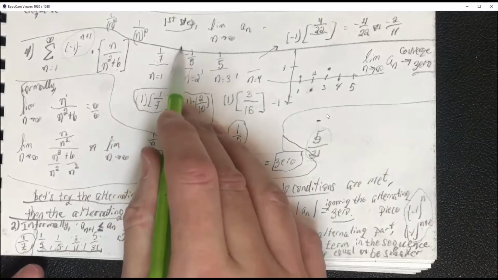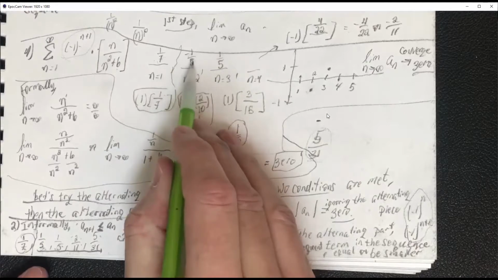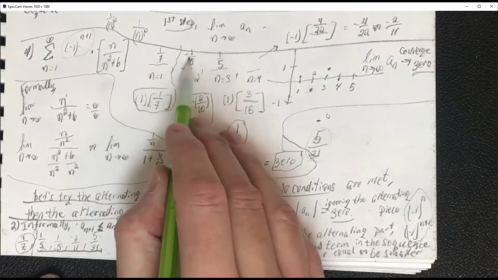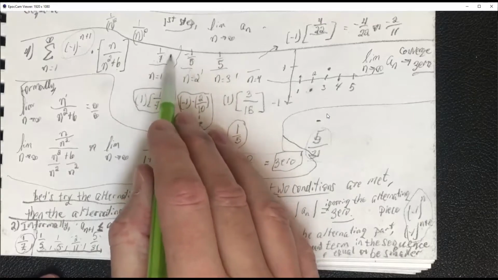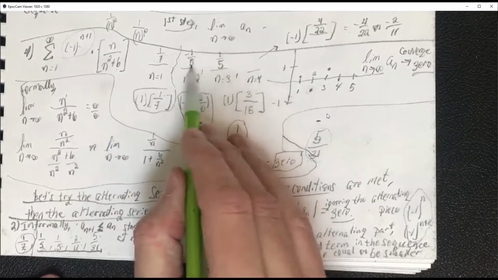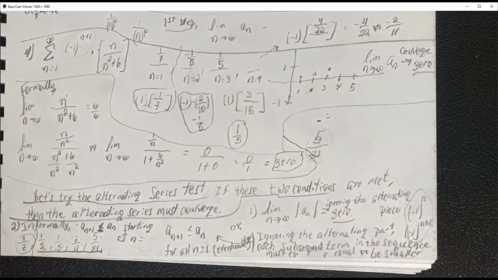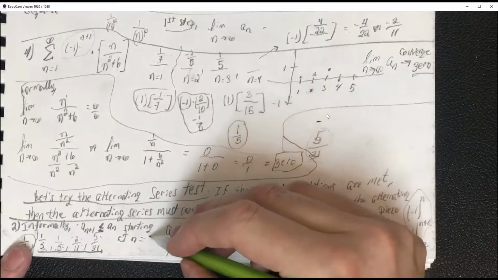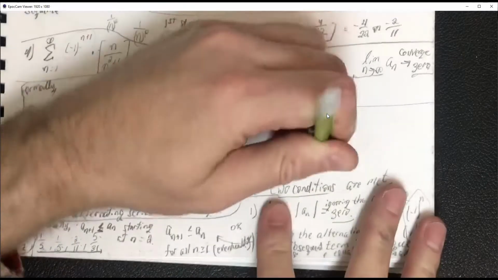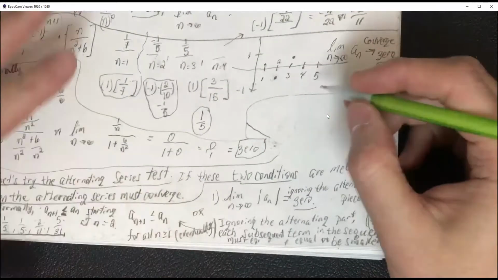Starting right here, if you take away the negative, this is not smaller than this one. But if you ignore the first term, which we can, then from then on, they either are equal, these two are equal, and that's okay. And then after that, they're all smaller. So that's okay. So starting at n equals 2. Therefore, the two conditions have been met.